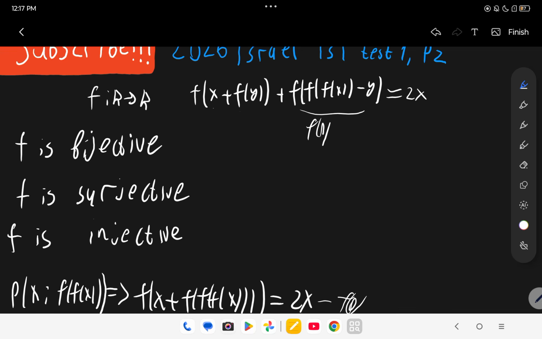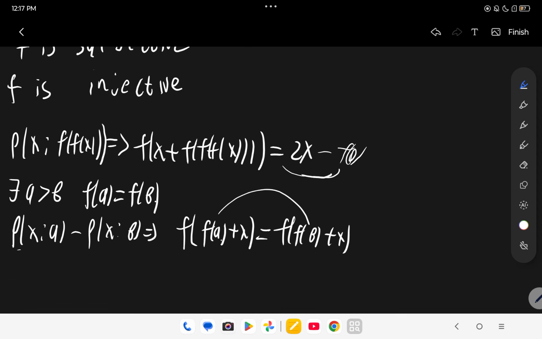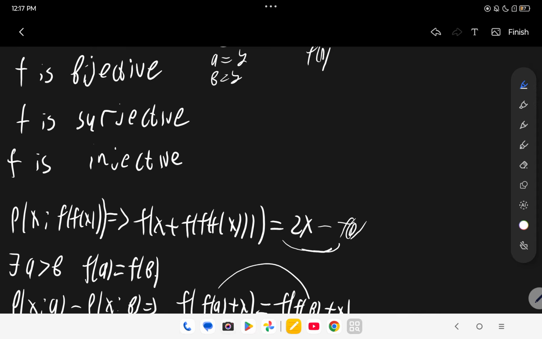So this is equal for a equals y and b equals y. Also this doesn't change because x is the same for both sides.